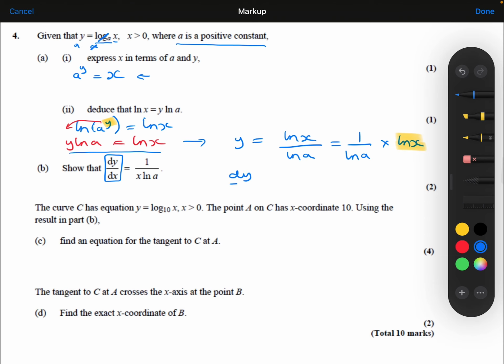So dy by dx is equal to, well, I've got the 1 over ln a at the front there, that's a constant, multiplied by the derivative of ln x, which is 1 over x. Differentiating ln x gives me 1 over x. The constant at the front there stays exactly the same. Timesing those two things together, we get the desired result that we needed to show.